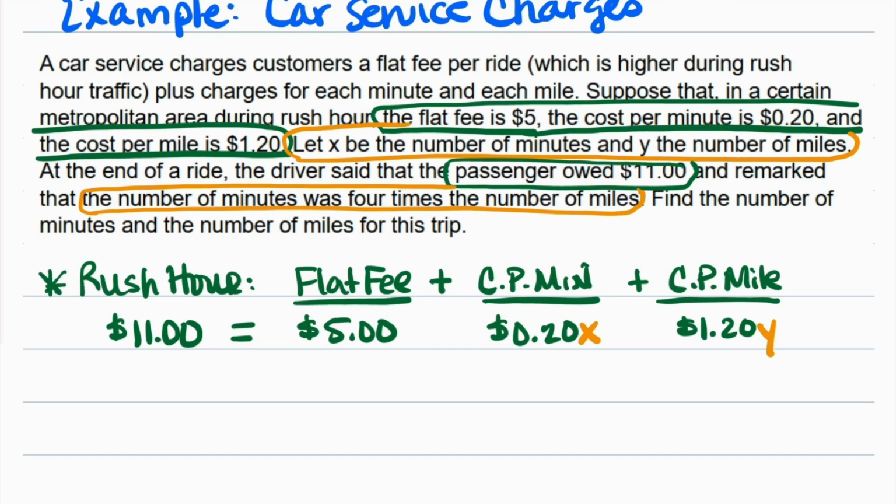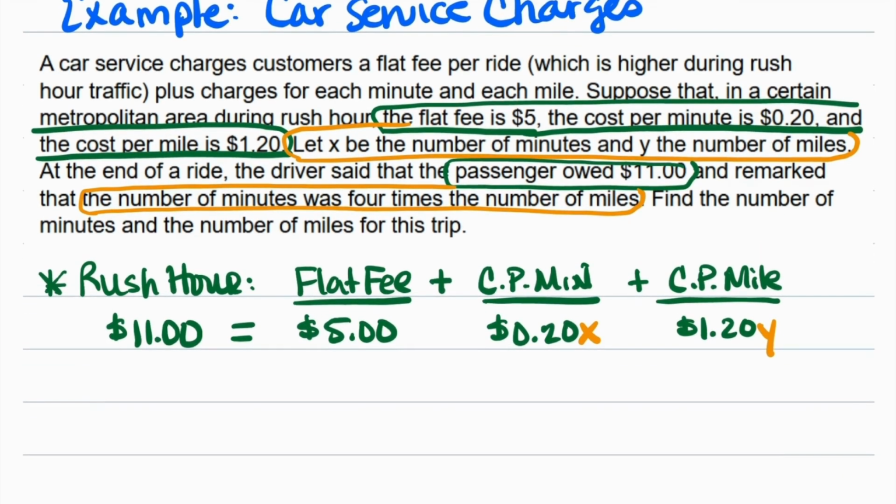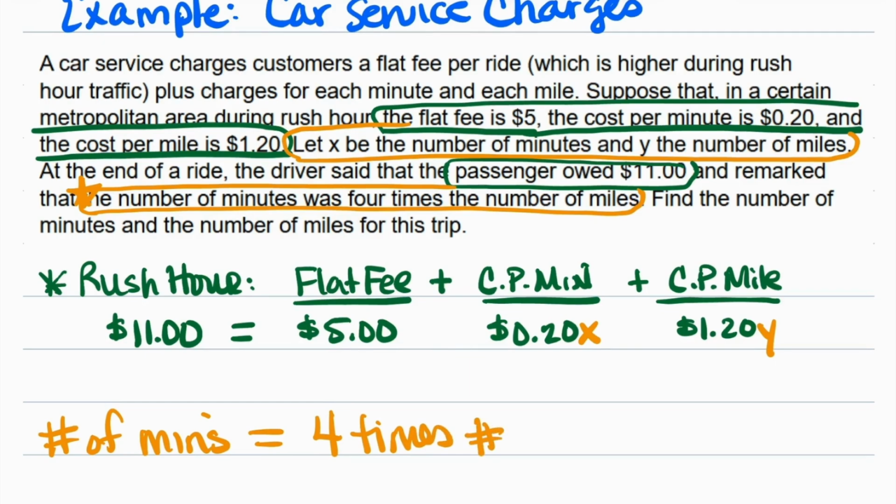Now, when you're talking about a system of equations, you need 2 equations. So what's my other equation? Let's look at this other part. The number of minutes, they said, was 4 times the number of miles.